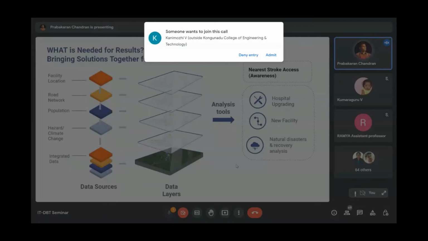When we talk about climate change and its impact measurement, it's going to be a group activity which will have a lot of government machinery in place: people from the revenue department, people from healthcare, people from urban and rural development, and people from forest or environmental climate change. Everyone has to come together and share their knowledge in a certain area, so that only then can we design it.